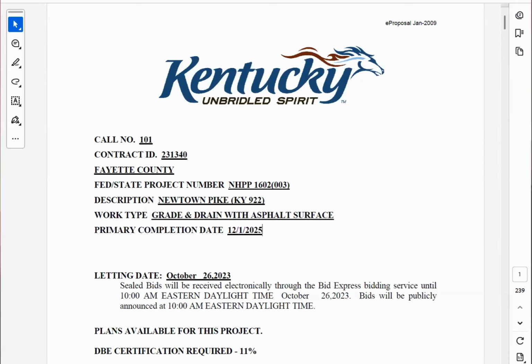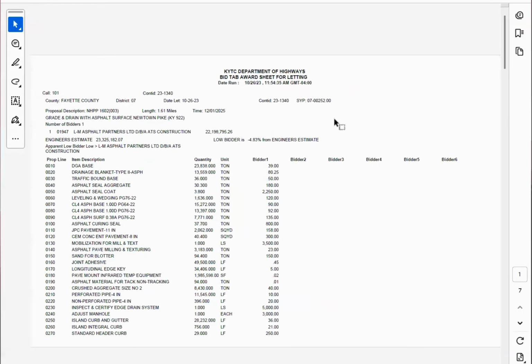That's another thing I included in our project folder: their portion of the unit bid tabulation. Can you guys see this? Okay, so anytime a highway project is bid on, this stuff is all publicly available. It's on Construction Procurement's website.